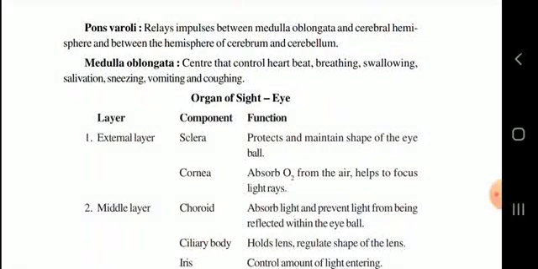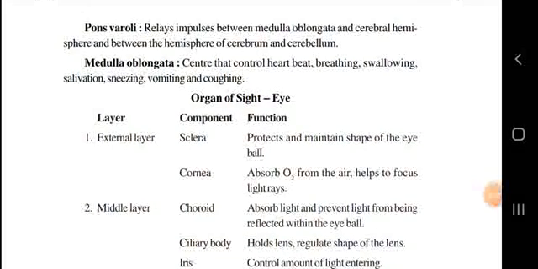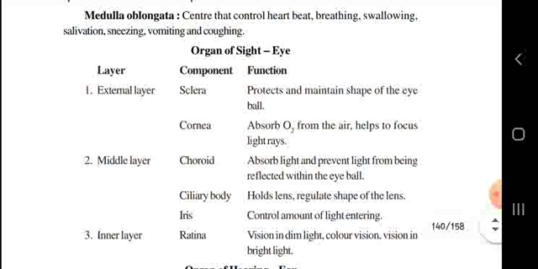And medulla oblongata is the center that controls heartbeat and breathing. It is involuntary, we call it so, you may have learned in your lower classes.